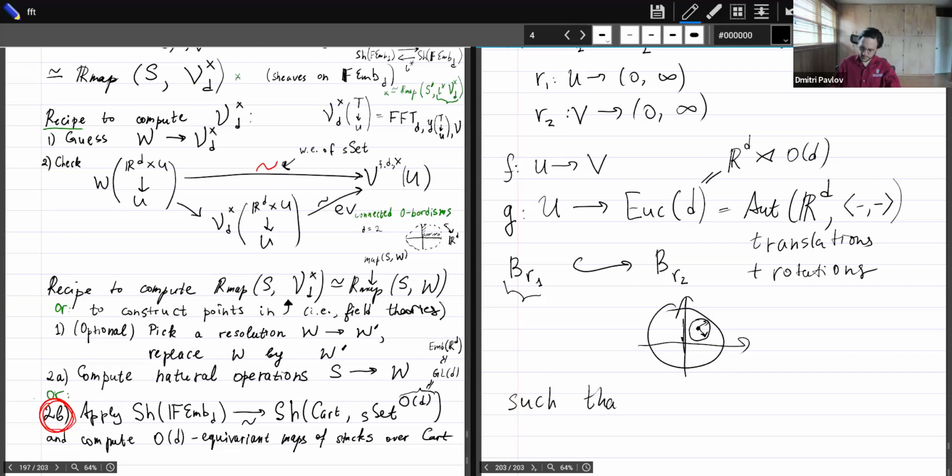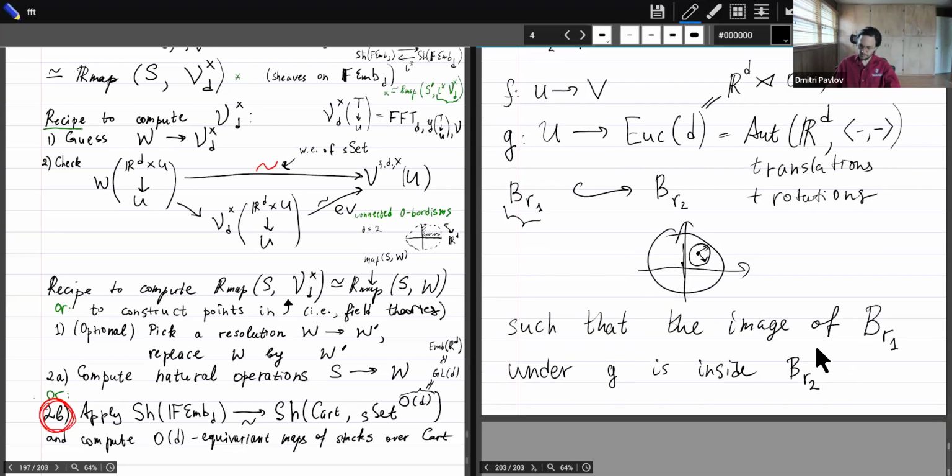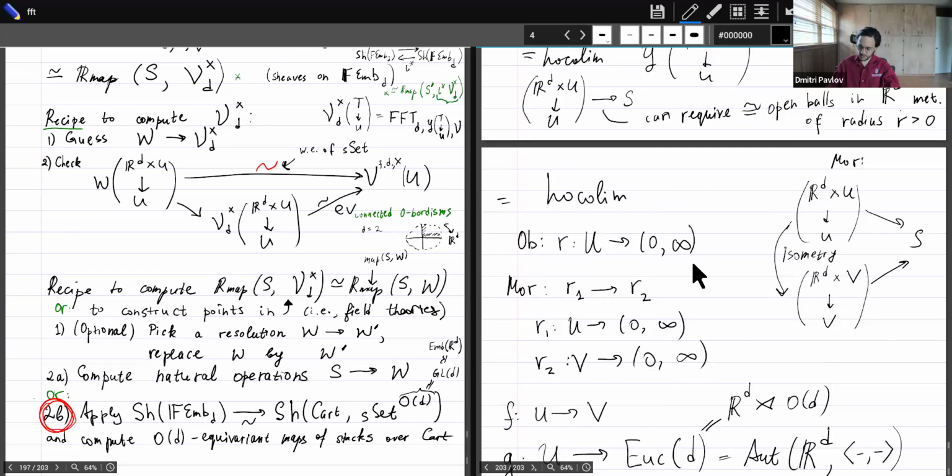Let me write it in words. The image of B of radius R1 under G is inside B of R2. You do have to specify an embedding, so you must be within your codomain.